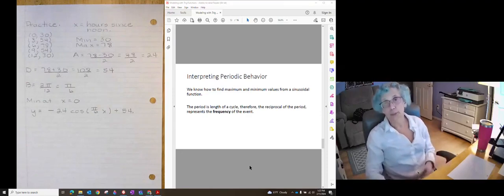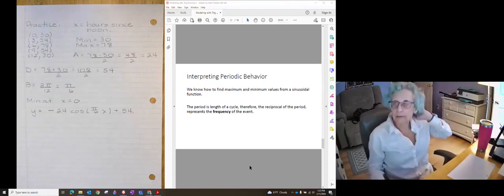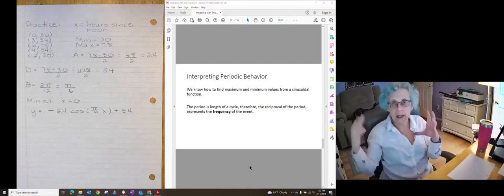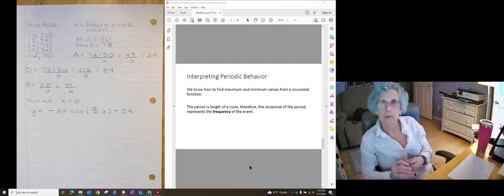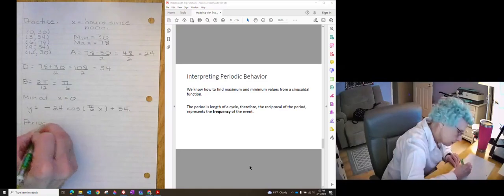So, interpreting periodic behavior. Most of it's pretty straightforward. Like we said, maxes and mins, how much it shifts. But we talk about the period, which is equal to the amount of time to complete one cycle.